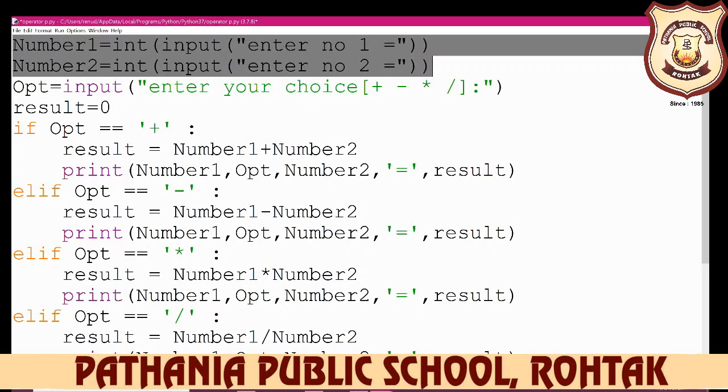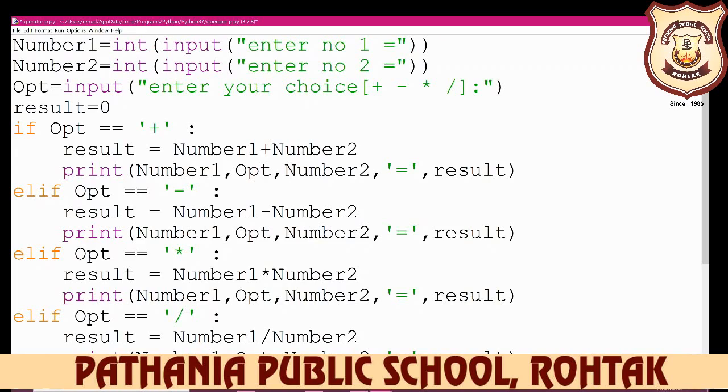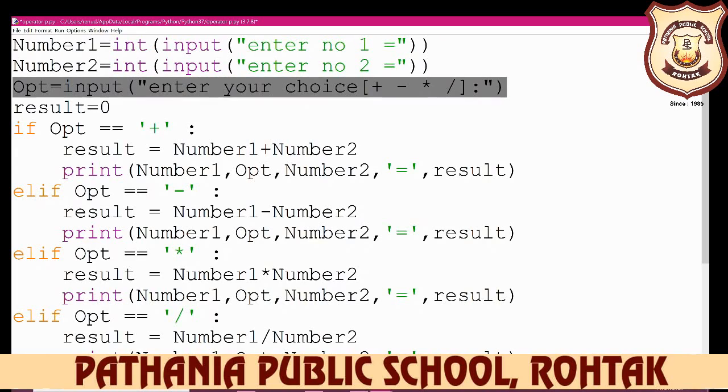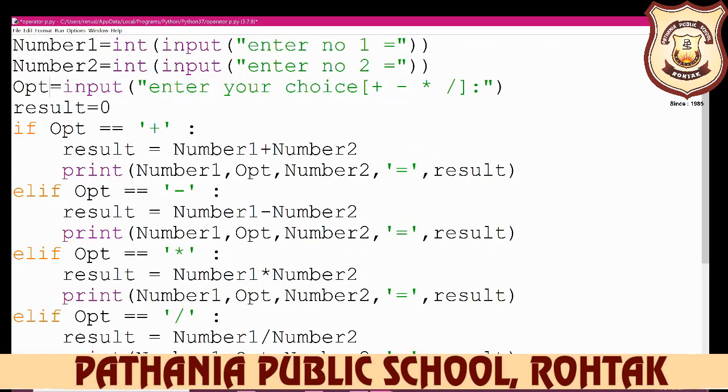And this is also input by the user: opt stands for your option. You can take any variable name here, and is equal to, after that you use the input function, and then we write enter your choice. So you can write any message here, like enter your choice plus minus operator, or enter your choice operator.